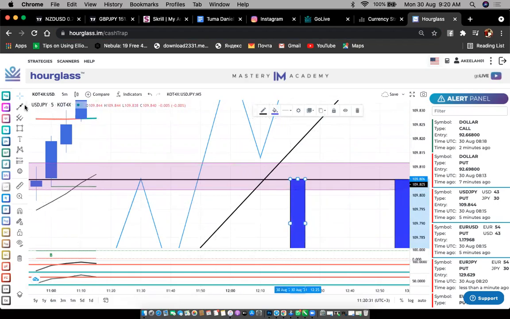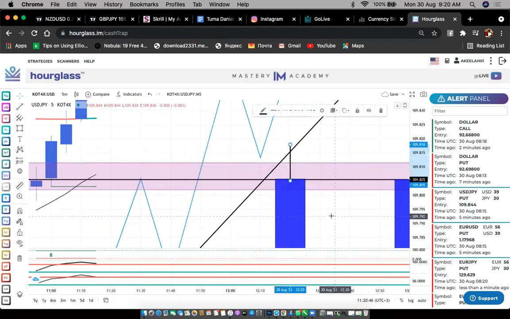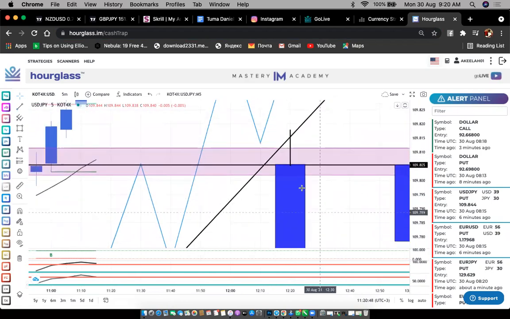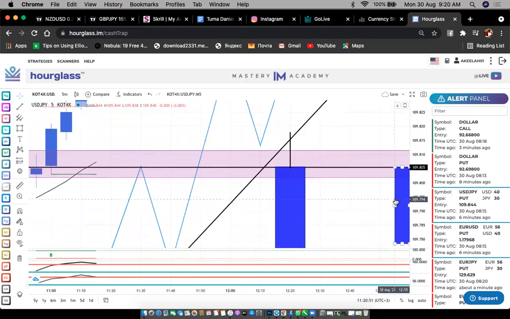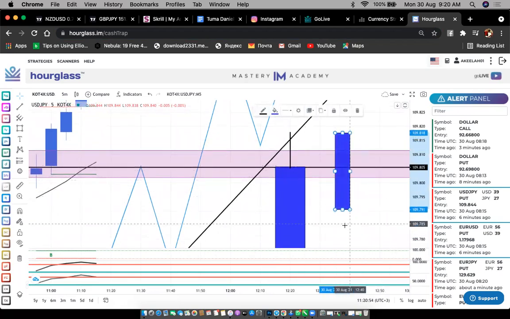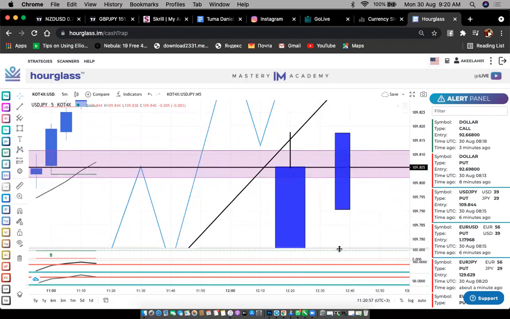Let me use just a line. You don't want to use something like this. As you can see, this one, did it break? No. Now, look at these two. Which one broke? The second one broke. This is what we call a breakout. This first one is not a breakout. This is a rejection.